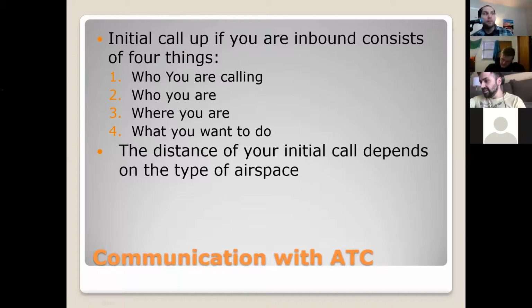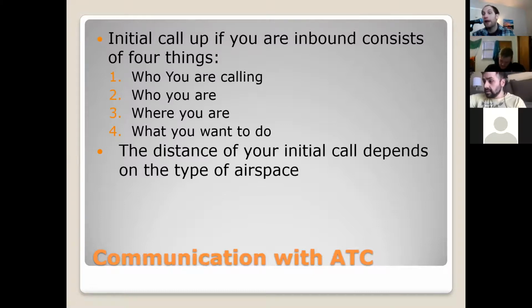Who is it that we're calling? In our example, maybe you're about to call up Indianapolis Approach. So who are you calling? Indianapolis Approach. Who are you? Well, you are 4-1 Victor Uniform. Where are you? You are just off Eagle Creek, 5 miles to the west. What do you want to do?